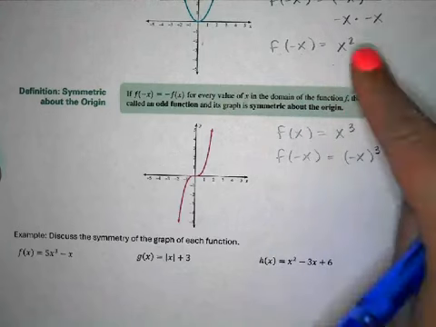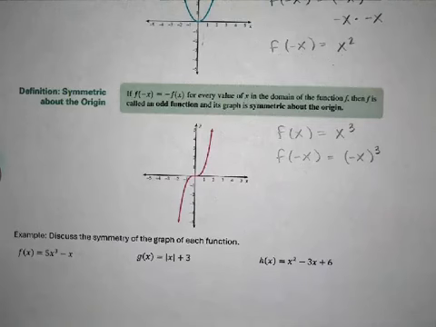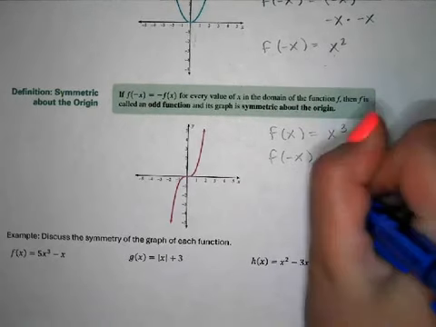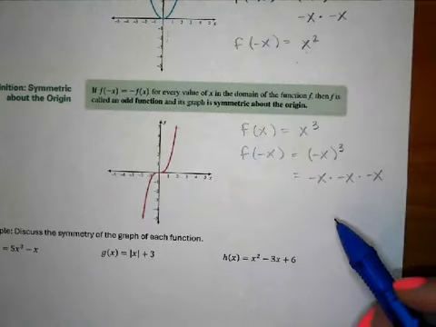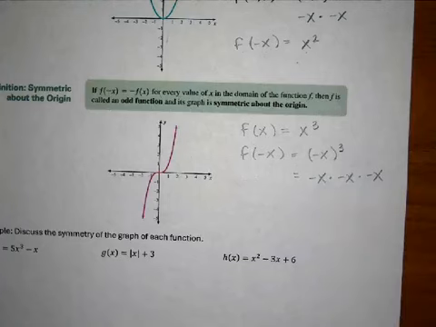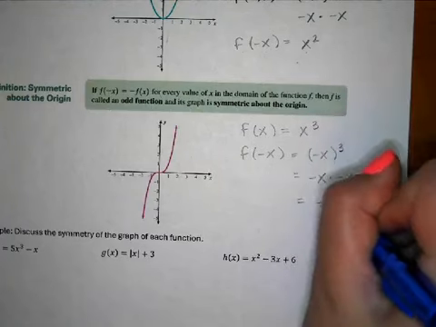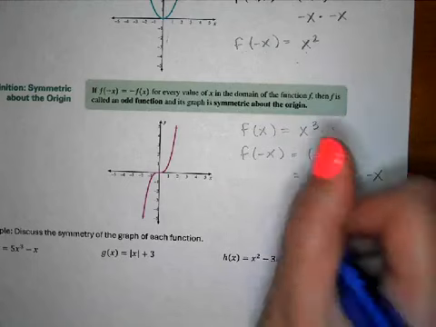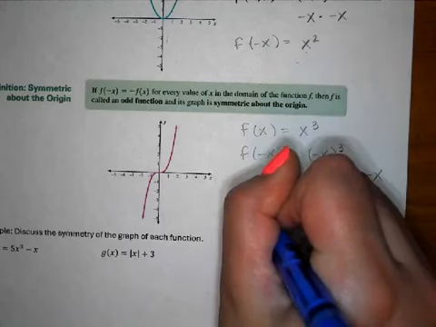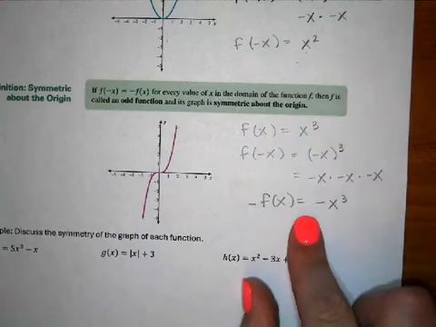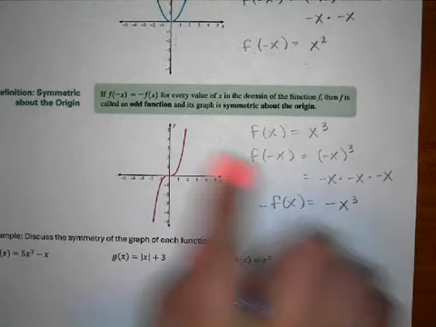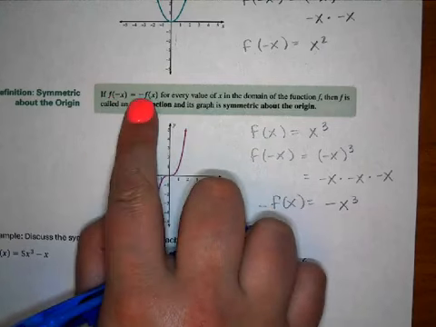Negative x times negative x times negative x: if you multiply a negative x three times, you get a negative answer, negative x to the third. So you end up getting the negative version of the function. And that's the definition of an odd function: if you plug in negative x, you get the negative version of the original function. All right, so that's how you can solve for it algebraically.